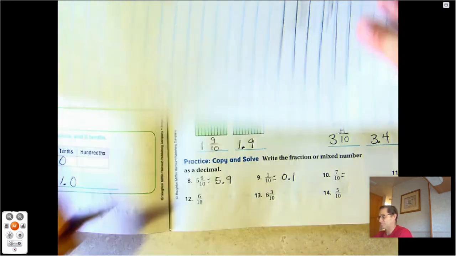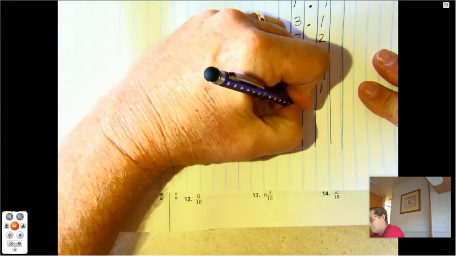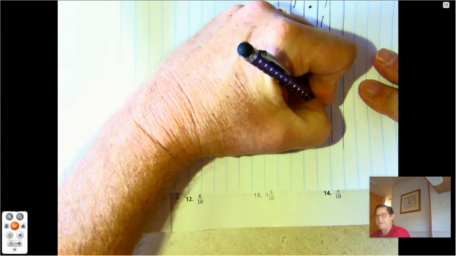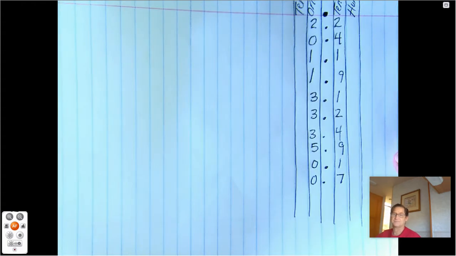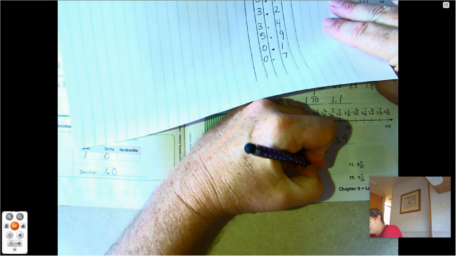7/10. Again, I didn't say 7 and 7/10 or 5 and 7/10. So there are no whole numbers. And the 7 is in the 10th place. Okay. 8 and 9/10.